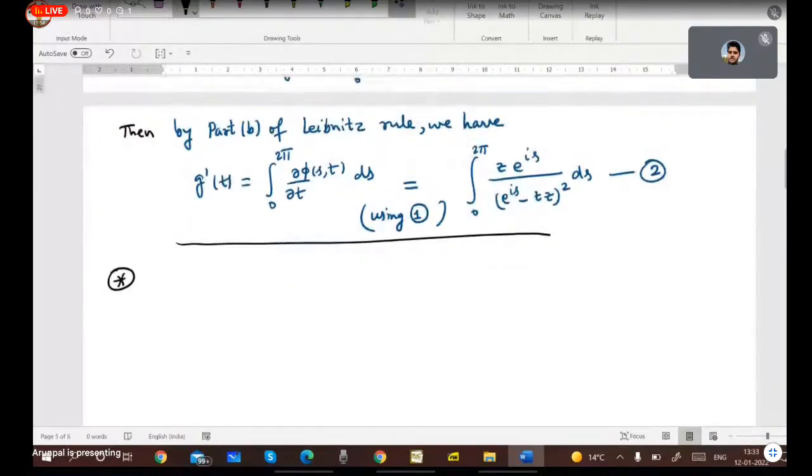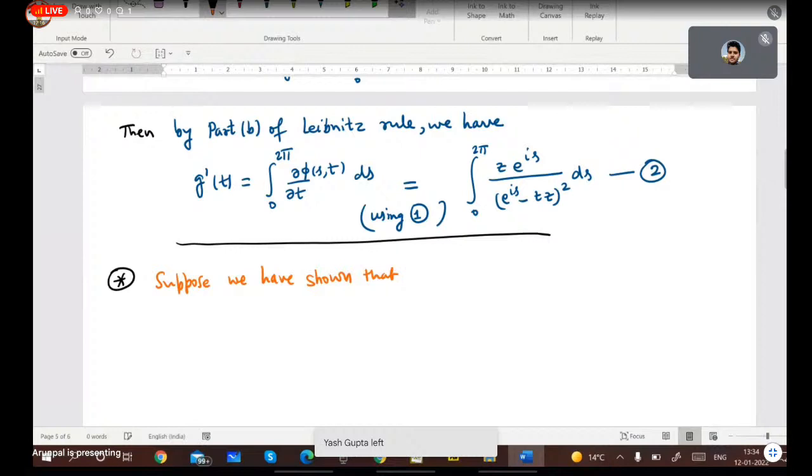So class, suppose we have shown that g is constant. Then it means what, class? You know that a function is said to be constant if it takes the same value at all the points of its domain.